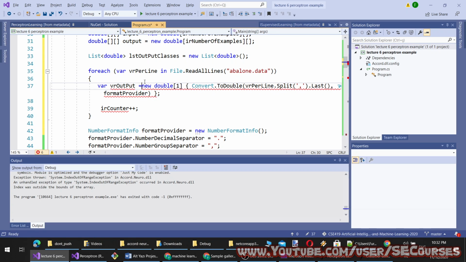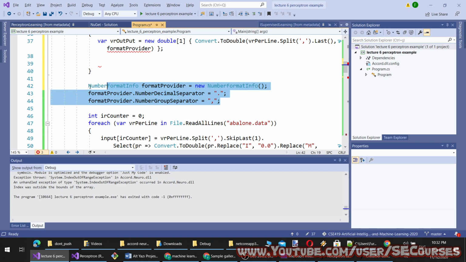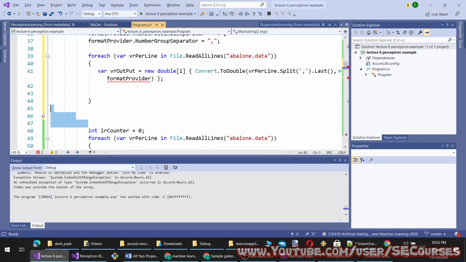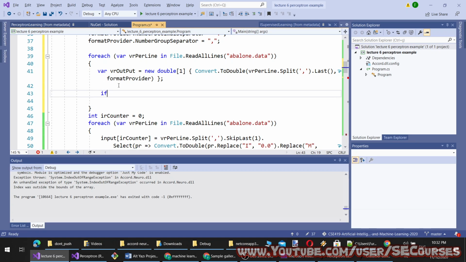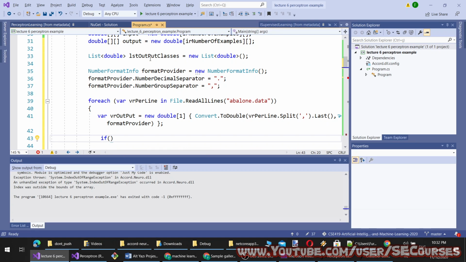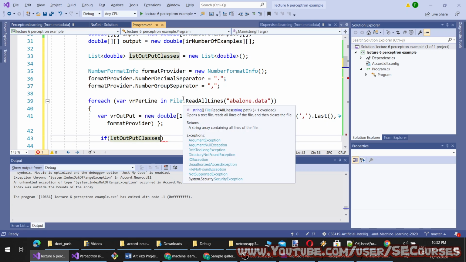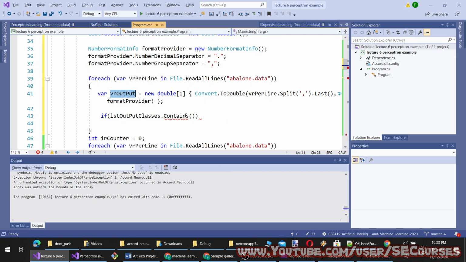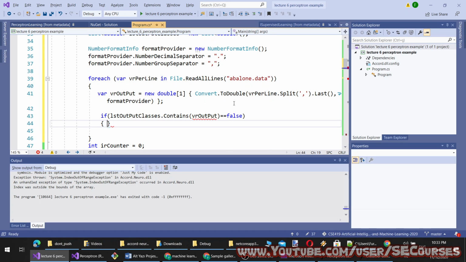Equal to this one. And, okay, if contains equal to false.